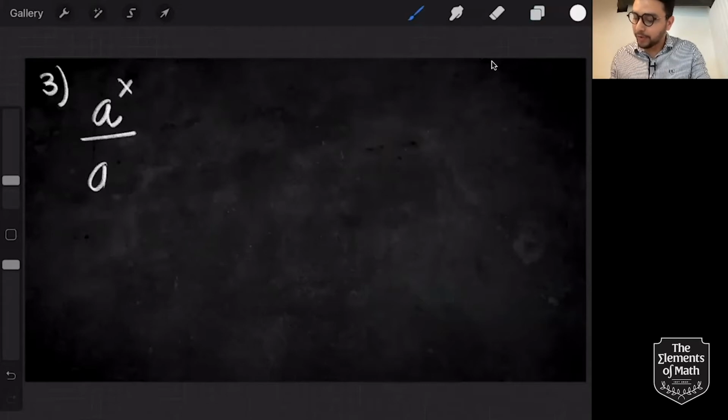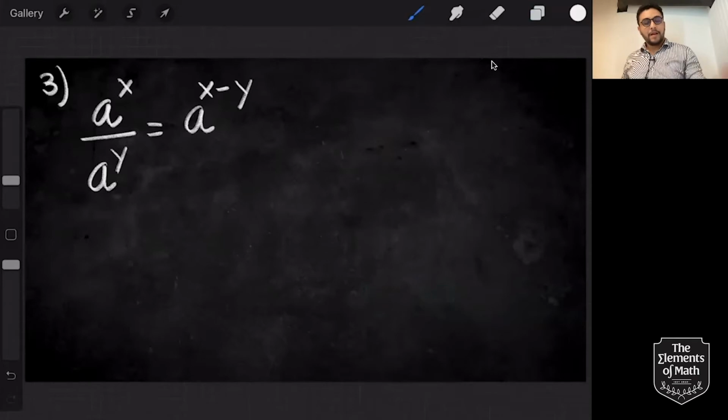Great. The third one, again, same conditions for a, x, and y. I just want to tell you that when I have a to the power x over a to the power y, it is the same as having a to the power x minus y. Why do we have that? Think about 2 to the power 5 over 2 to the power 3.